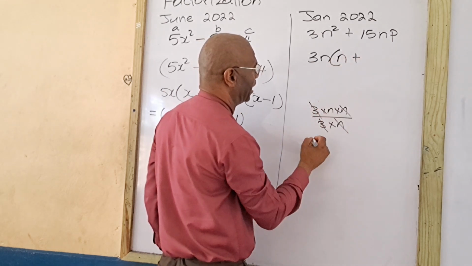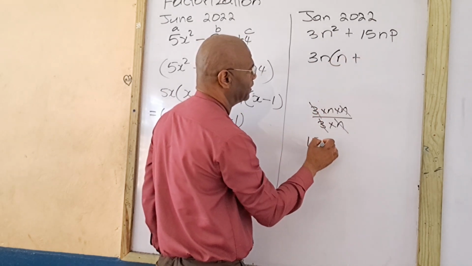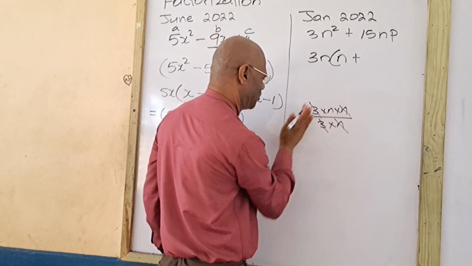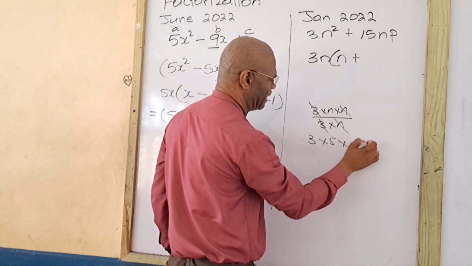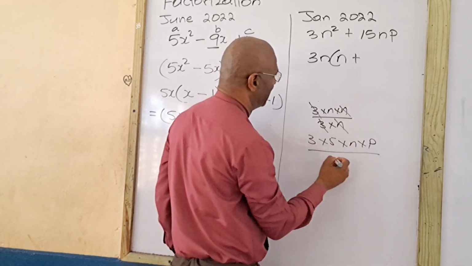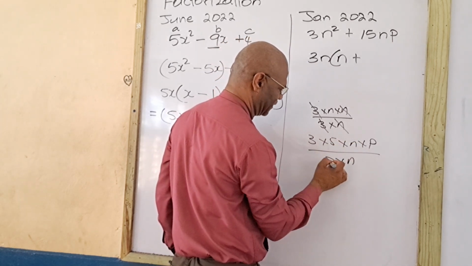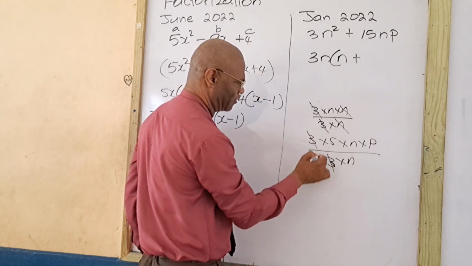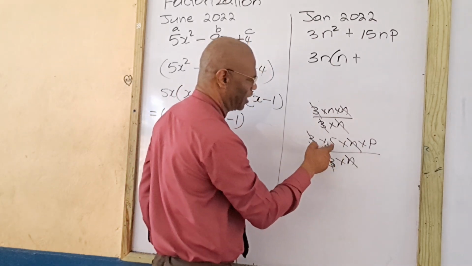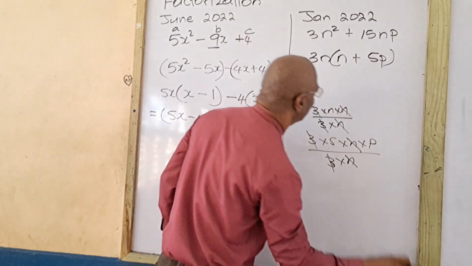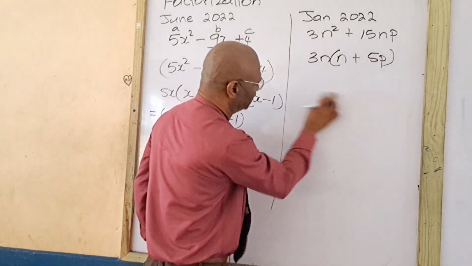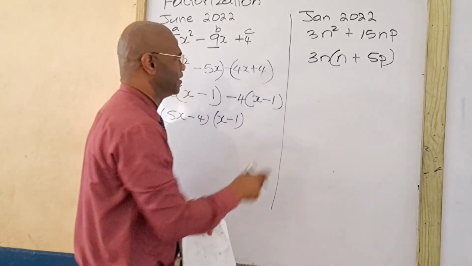Plus we have 15, or we could say 3 times 5, 3 times 5 is 15, times n times p divided by 3 times n. So the 3 cancels 3, n cancels n, so we're left with 5p. And that is our answer. Good? So that's our answer right there.